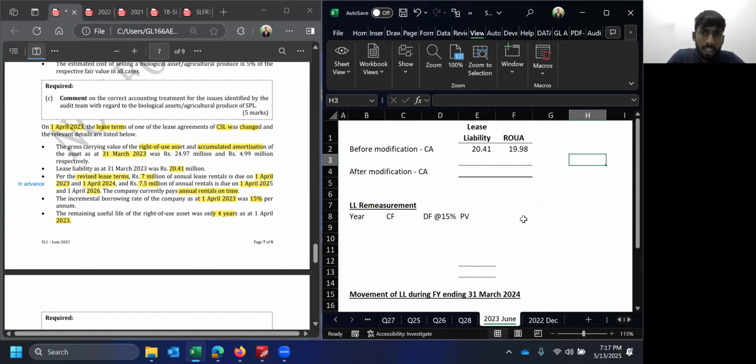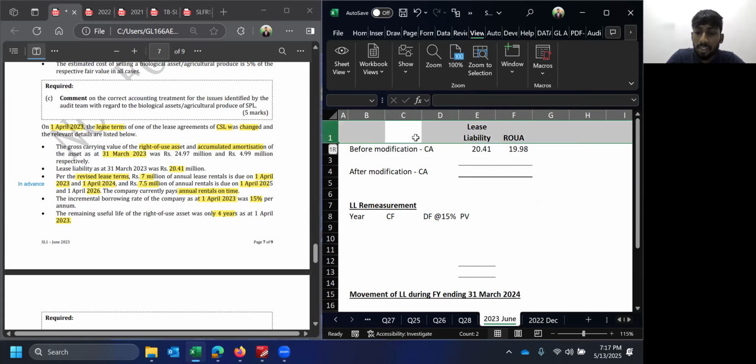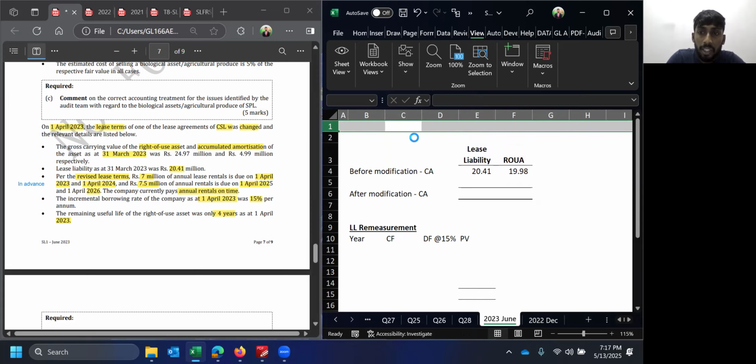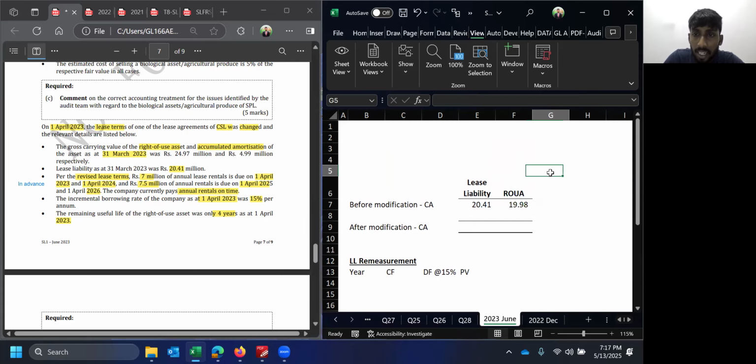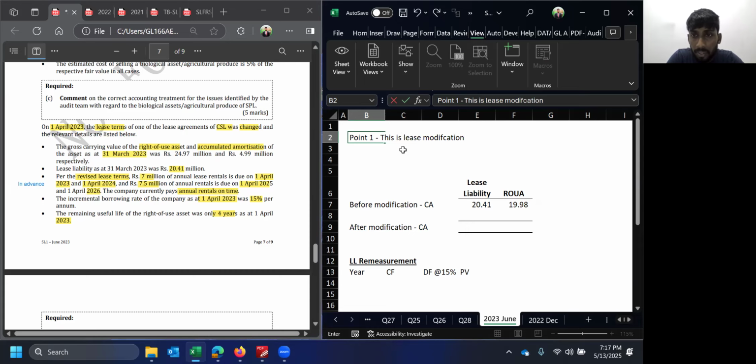Then this is a discussion question. So what you need to first mention, point one, is that this is a lease modification not accounted as a separate lease.